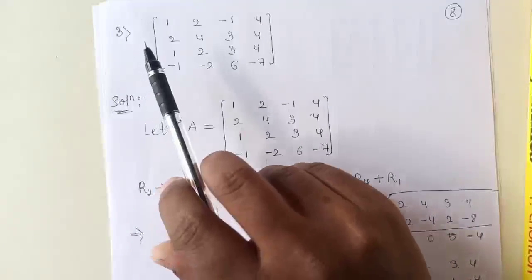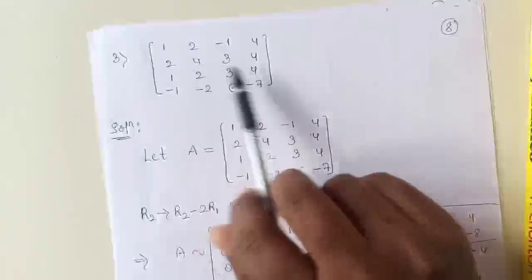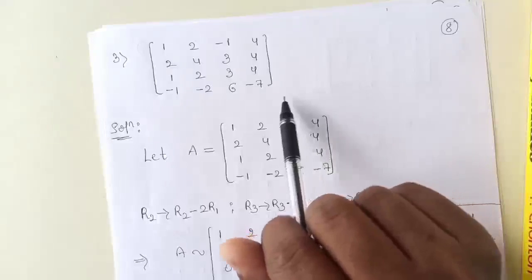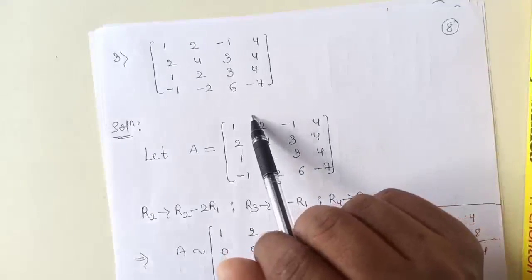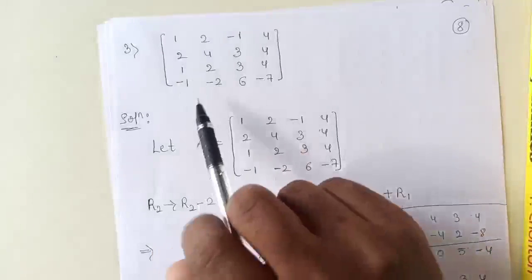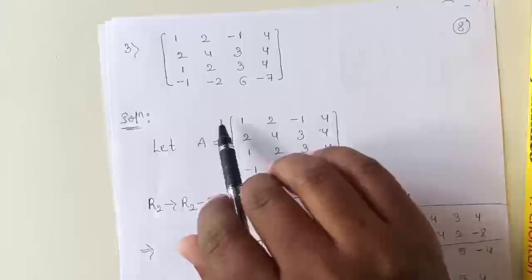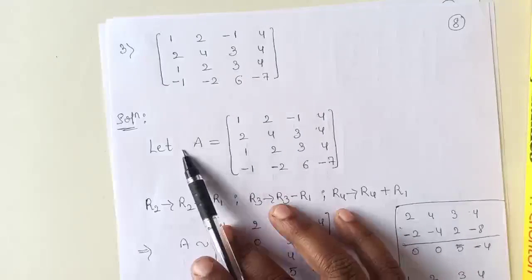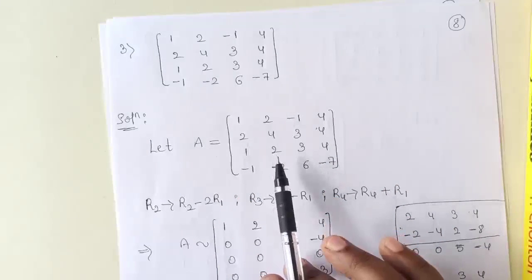The next problem. The question is the same: find the rank of the matrix by reducing to echelon form. See here, the given matrix is this one. Let A equal the given matrix.